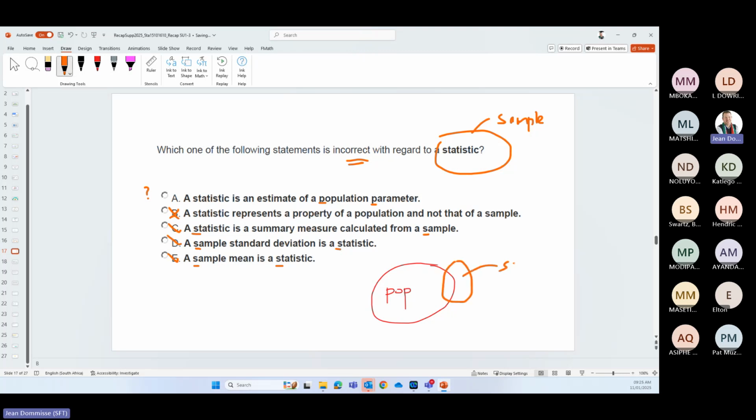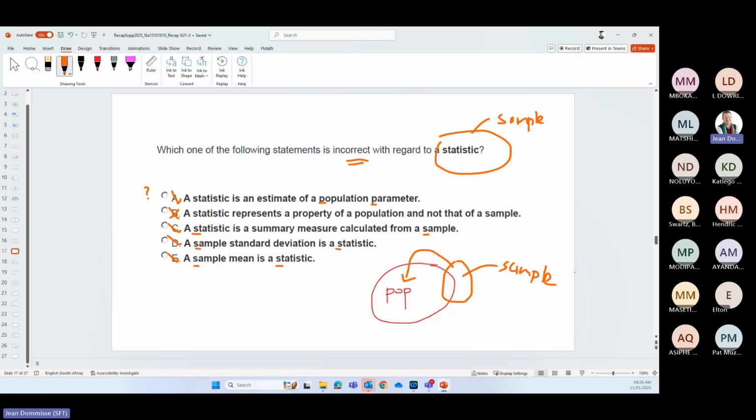So the sample is going to be an estimate of this population. So the statistic is an estimate of a population parameter, which is correct. Because we take a sample of the population, we are never going to look at a total population in a study.